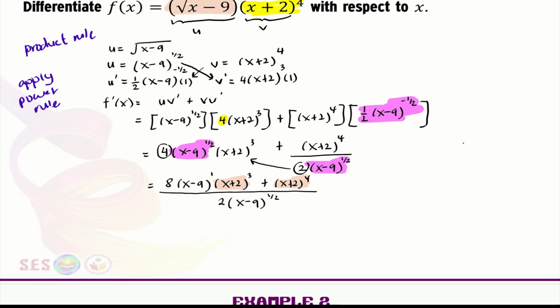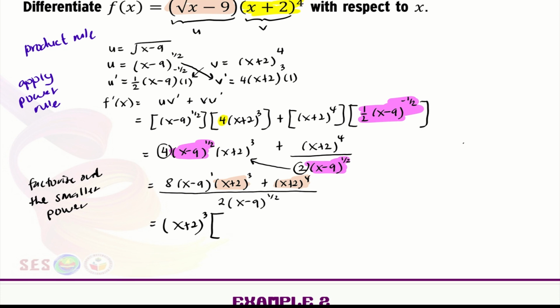We are going to factorize out the smaller power. We have (x plus 2) cubed and (x plus 2) to the power of 4, and power of 3 is smaller compared to power of 4, so we will factorize out the (x plus 2) to the power of 3. So we write (x plus 2) to the power of 3, and make a bracket here.